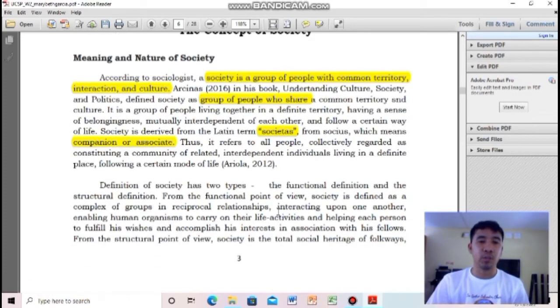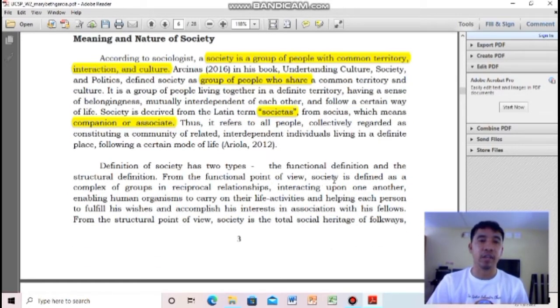Definition of society has two types, no? The functional definition kag structural definition. So, mahambal kita nga functional point of view, society is defined as the complex of groups in reciprocal relationships interacting upon one another, enabling human organisms to carry on their life activities and helping each person to fulfill his wishes and accomplish his interest in association with his fellows.